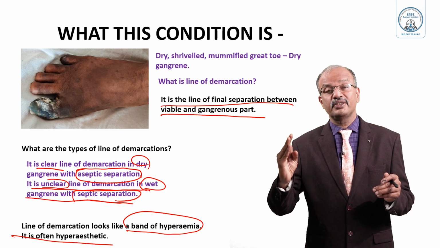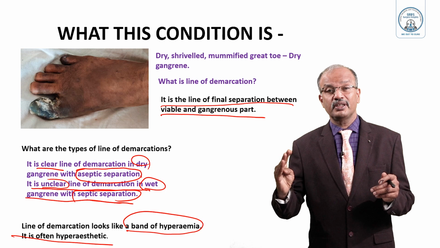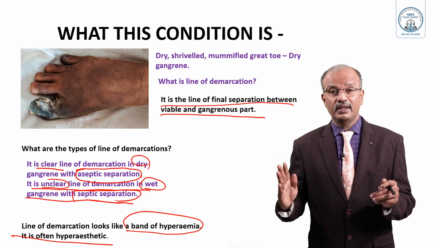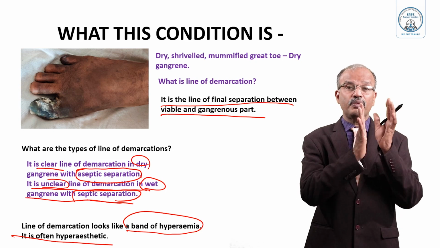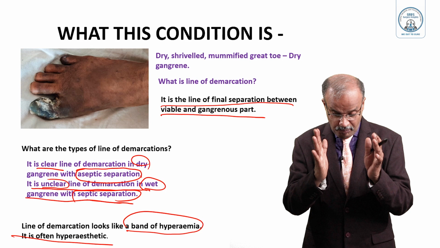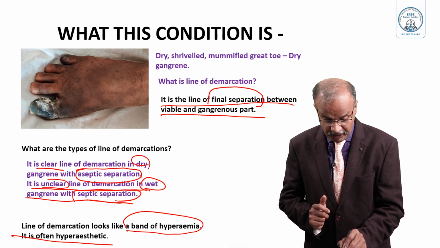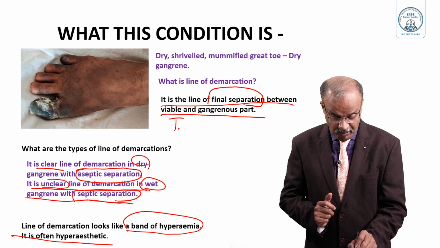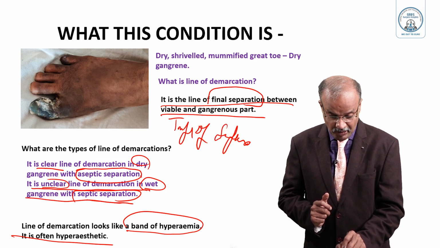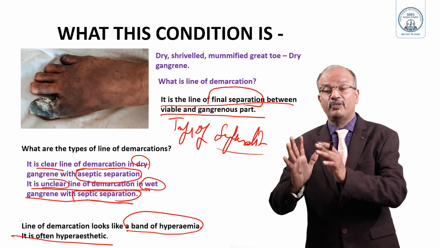A clear line of demarcation says it is dry gangrene. An unclear line of demarcation says there is septic separation, a feature of wet gangrene. In dry gangrene, there is aseptic separation. So basically, the line of demarcation means the line of final separation, a type of final separation between viable and non-viable tissue.